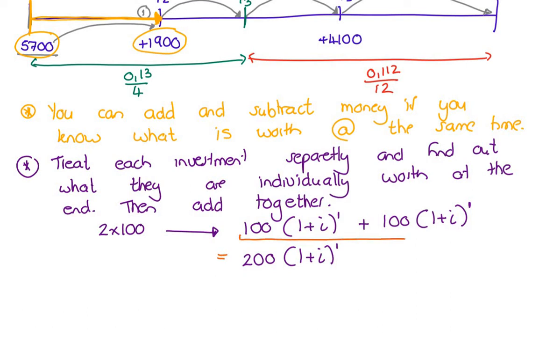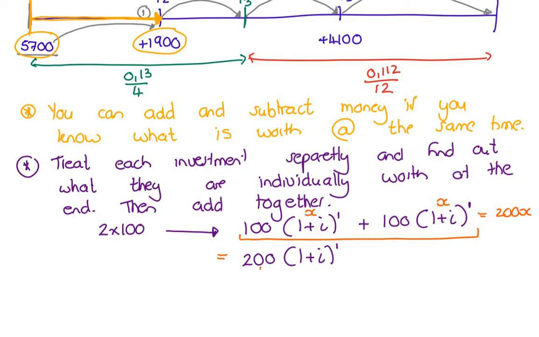Because if I look at this where I've treated them as separate amounts, basically I could say I have 100 in the bracket plus 100 in the bracket. So it's almost like I have 100 x's plus 100 x's is 200 x's. So it's 200 in the bracket. So just mathematically, it completely works out.